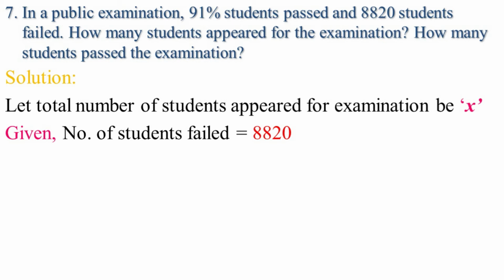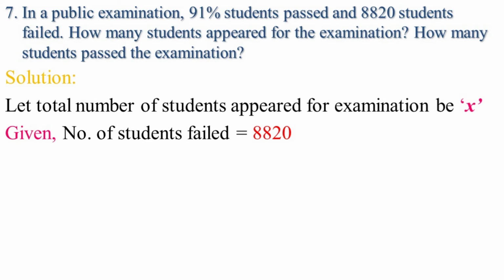In this case, if we know the percentage of students failed, we can compare it to 8,820 and find the total number of students. How to find the percentage? We always know that the total percentage is 100. We compare the given percentage to 100. In that case, the total percentage of students is 100% and they have given that 91% students passed.